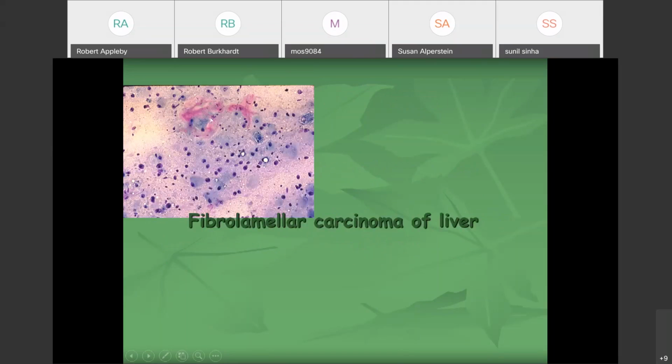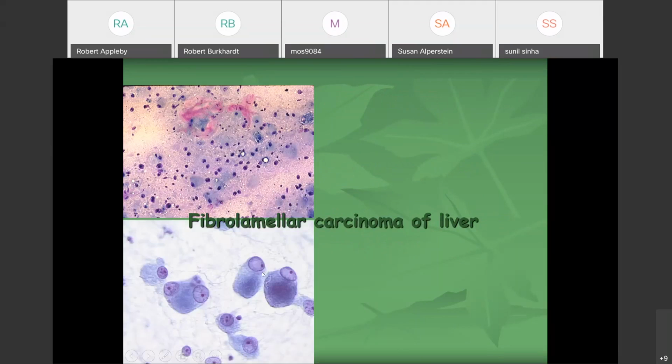So this is Diff-Quik. You have fibrous tissue, and you have the giant cell. Look like outside, very distinct cytoplasm, cytology feature.